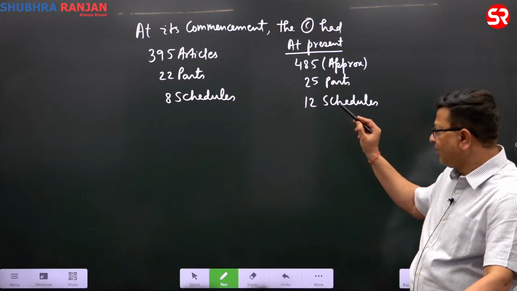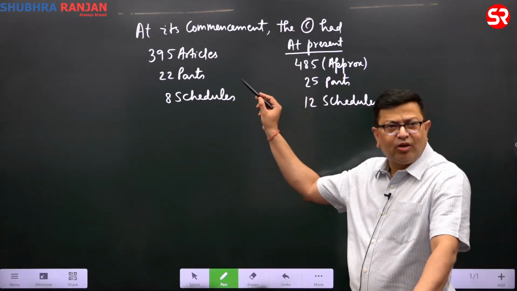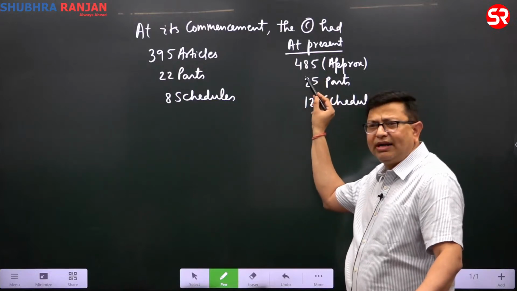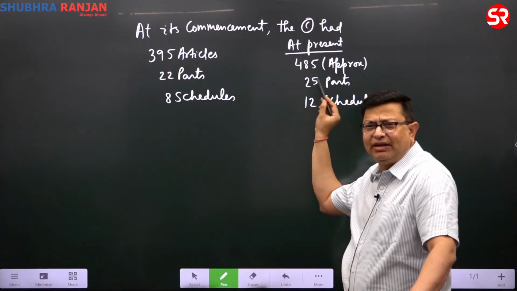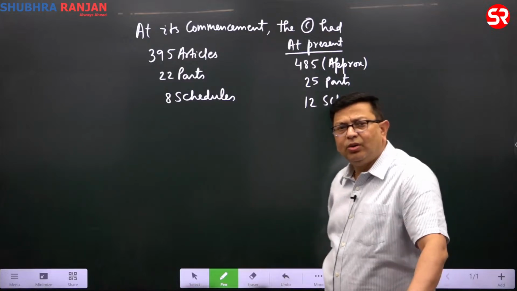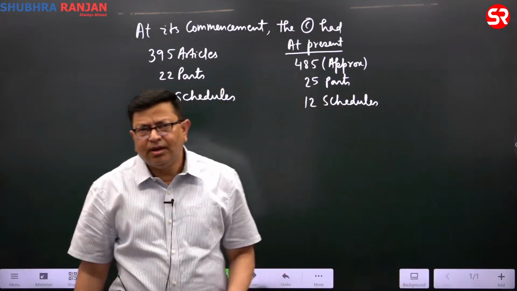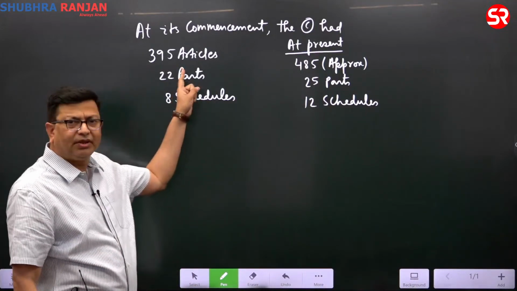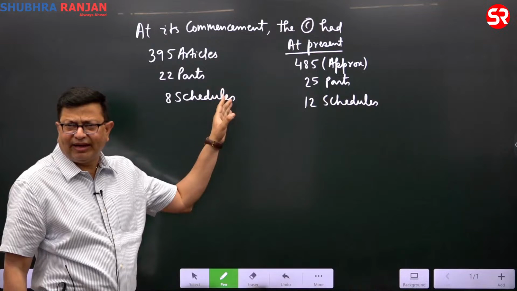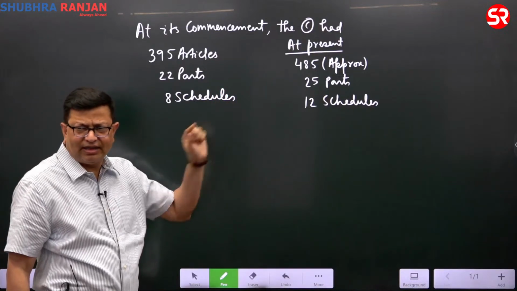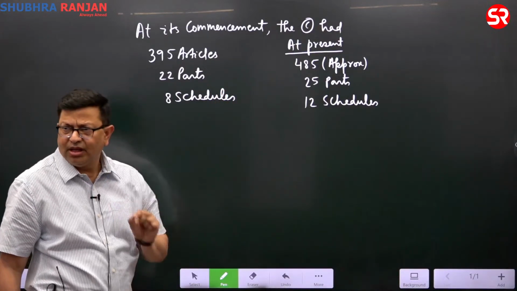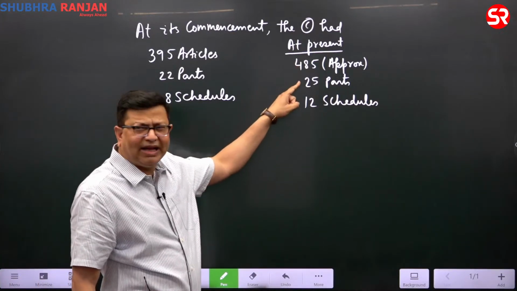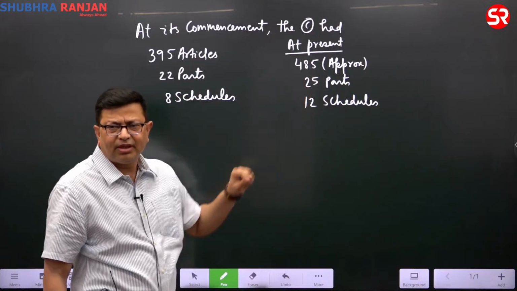So it was the original constitution, and at present we have written here 485 articles approximately. Now, basically, if we talk about the last article, it is 395. Even now there are 395 articles; the last number is 395. But if you count the articles, it will come around 485 or even 490.